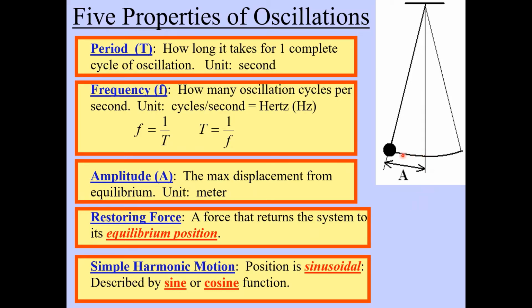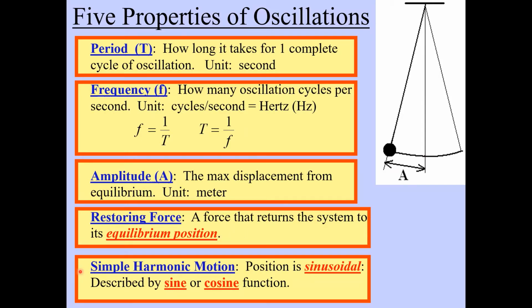Just to review again, for this pendulum here, gravity makes this pendulum bob want to return and swing back down to the bottom. But then, of course, it swings past because its momentum carries it back up over here, and now gravity is going to pull it back to the left. So gravity is always trying to return the pendulum back to the center position, which is its equilibrium position.